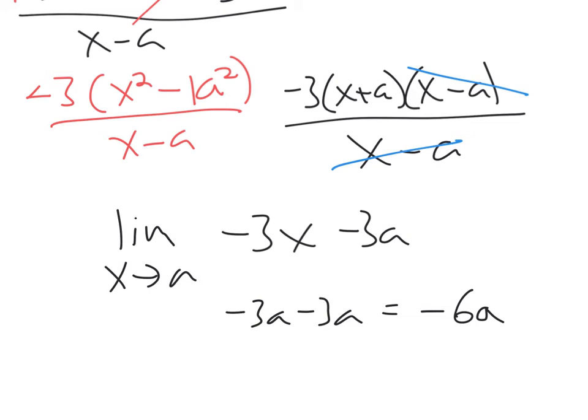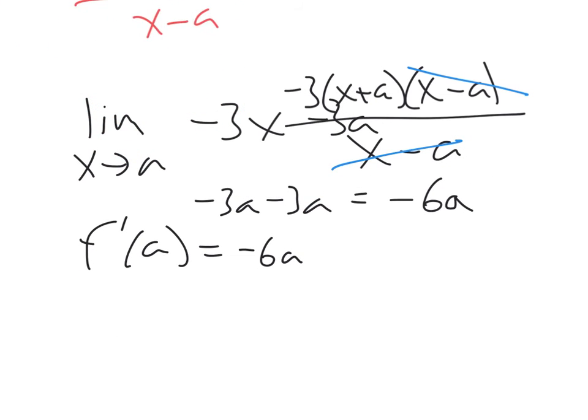So I know that f prime of x, or f prime of a really, because I don't have any more x's, equals negative 6a. And now the point I'm supposed to find the slope at, or write the equation at, is here.